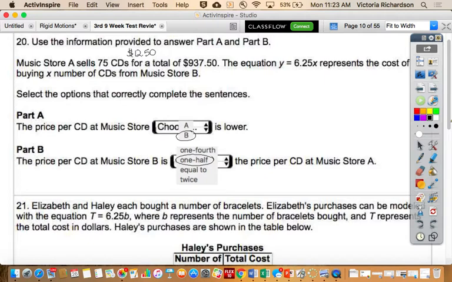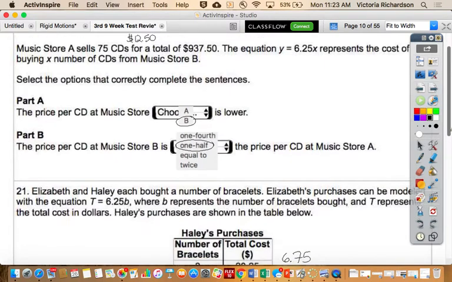So which one's cheaper? $6.25. I'd much rather pay $6.25. So music store B is lower, and the price is half of the price for a CD at music store A. One half. Yes, one half.